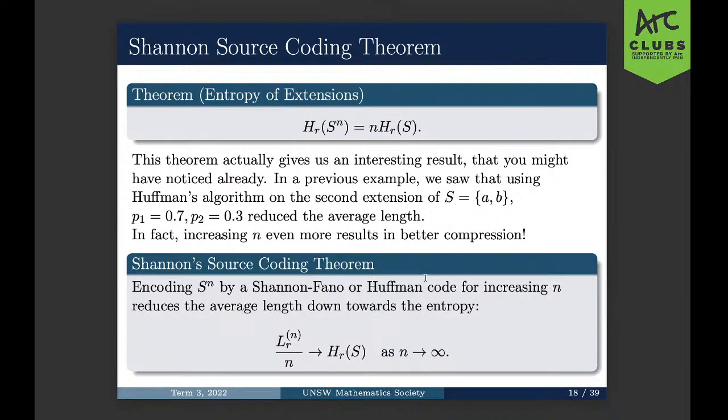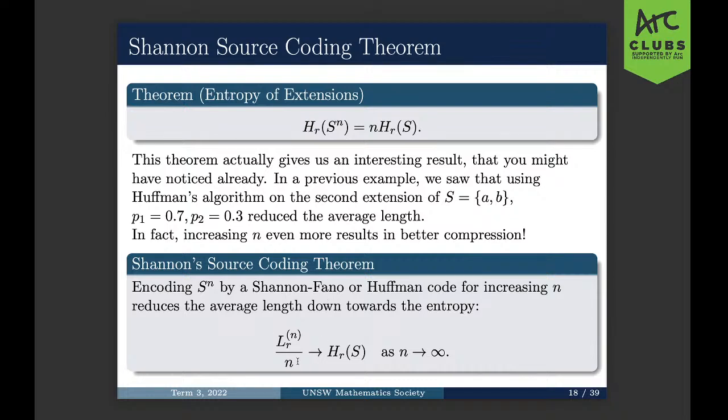The thing is, if we took higher extensions of the same source, it actually results in better and better compression. And this is Shannon's source coding theorem. If you want to encode S^n, the nth extension, by a Shannon-Fano or Huffman code for increasing n, so higher and higher extensions, the average length actually goes down towards the entropy of the source.